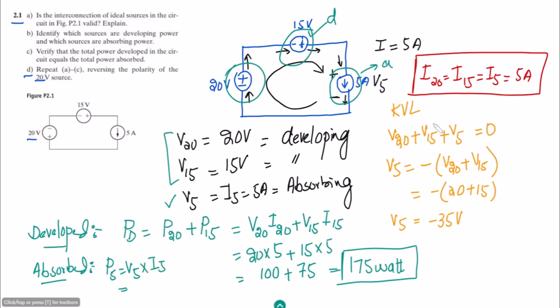So V5 is known, that was 35, as I'm just writing the magnitude of it, and I5 is 5. Okay, so that is 175 watt as well. So we can see that here the developed power and the absorbed power are equivalent. So therefore we have solved part A to C for part D as well.